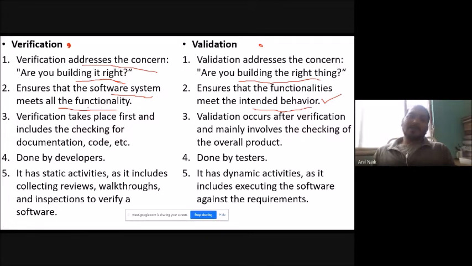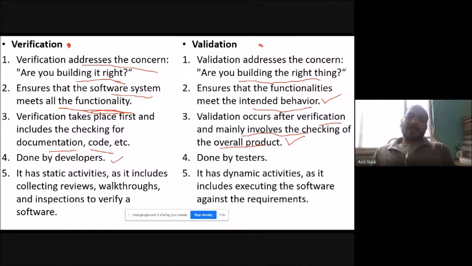Verification means we are checking whether it meets all the functionality. Verification takes place first and includes the checking of documentation and code. Validation occurs after the verification and mainly involves the checking of the overall product.